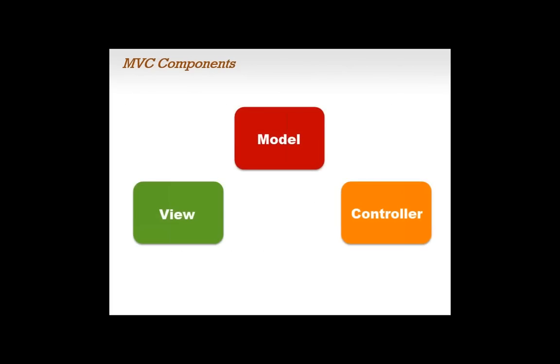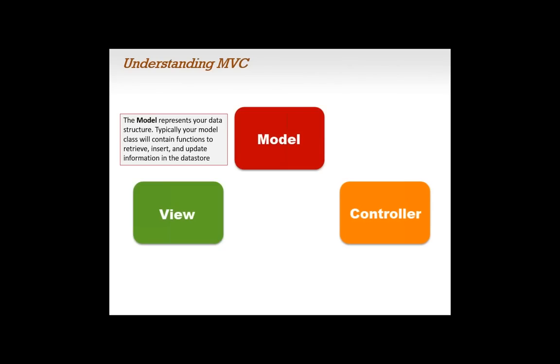So what are the basic components of the model view controller? It's in the name. Okay, it's a model. It's not a pretty girl. It's a model, it's the view, and it's a controller. The model represents your data structure, and typically it will contain functions to get the data from your data source, to insert new data into the data source, and to update existing information in the data store.